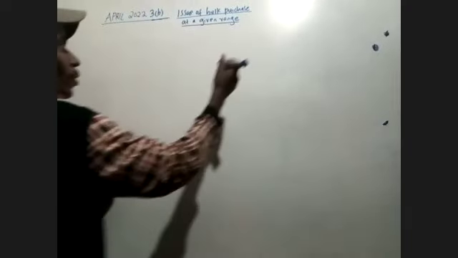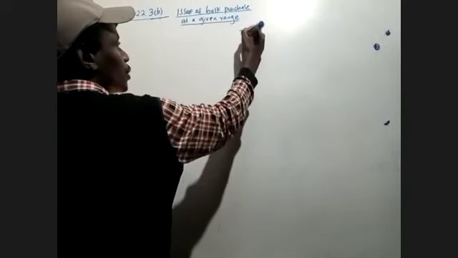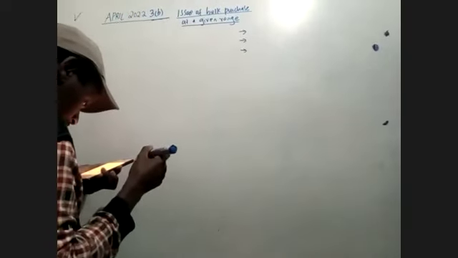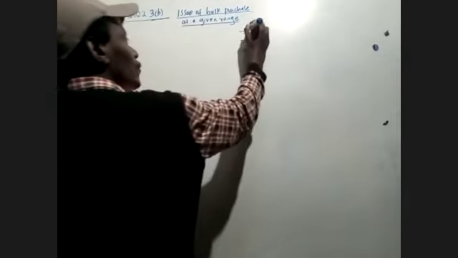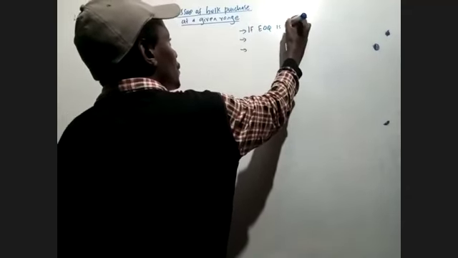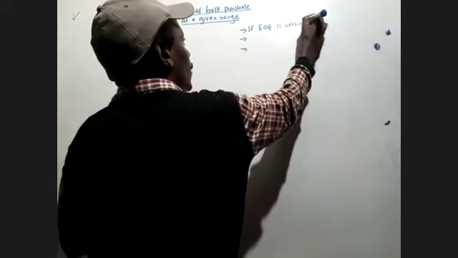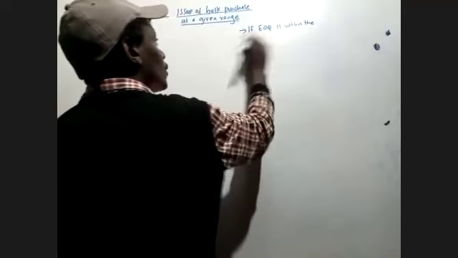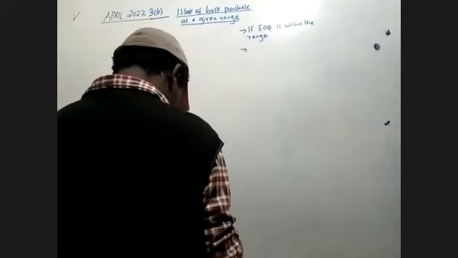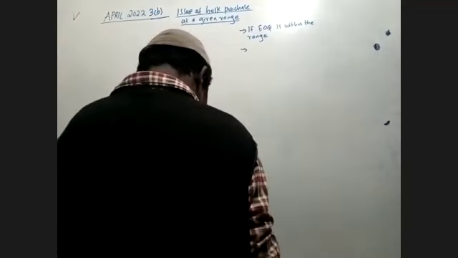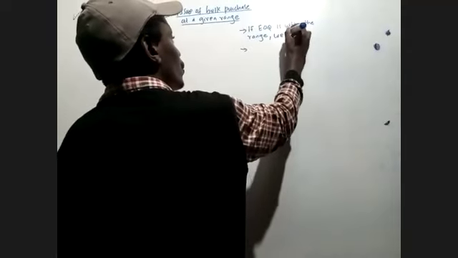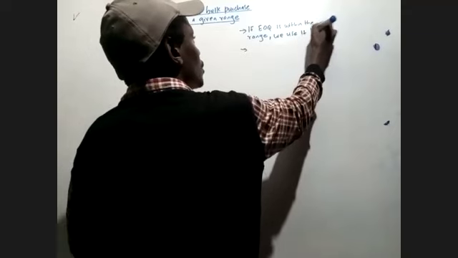Now, there are some bullets you need to know. That is very helpful. Number 1, if EOQ is within the range, we use it to calculate total cost.